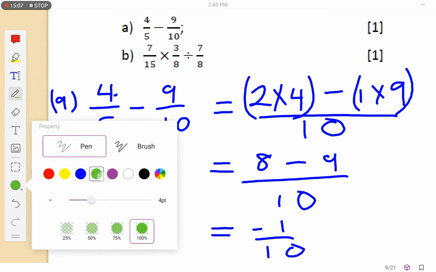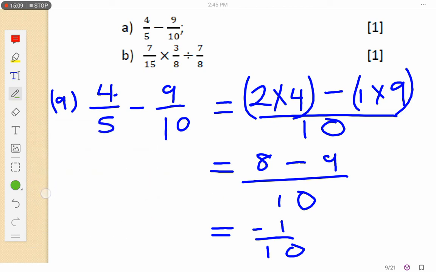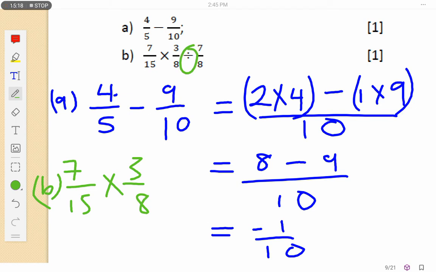I'm going to use a different color. For part B, we have 7 over 15 times 3 over 8, then we have a division sign there. When we have a division sign, we invert. When we invert, it means we are now adding a multiplication sign, and our 7 over 8 becomes 8 over 7.